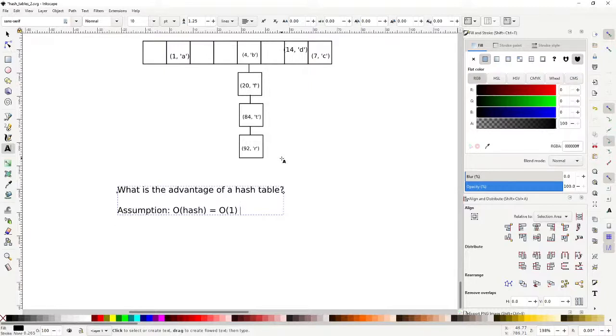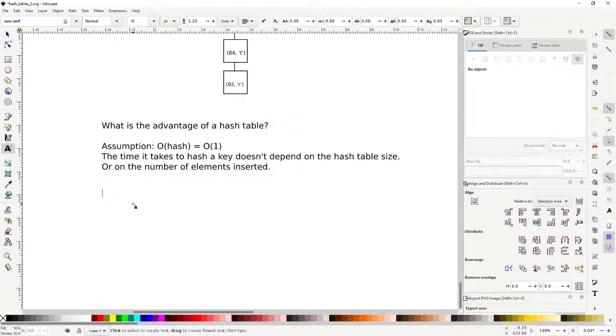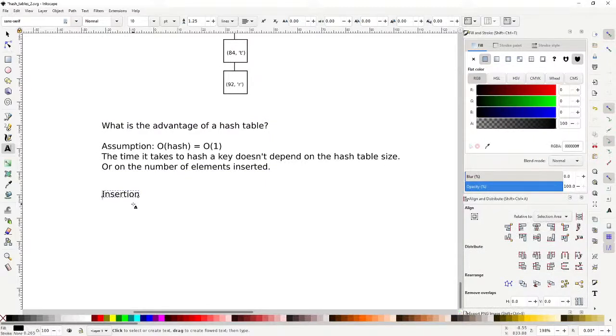It does take time to hash a key, but the time it takes to hash a key doesn't depend on the hash table size or on the number of elements inserted. So if it only takes O of 1 to hash a key, then as it turns out, insertion is O of 1 in general, which is great.